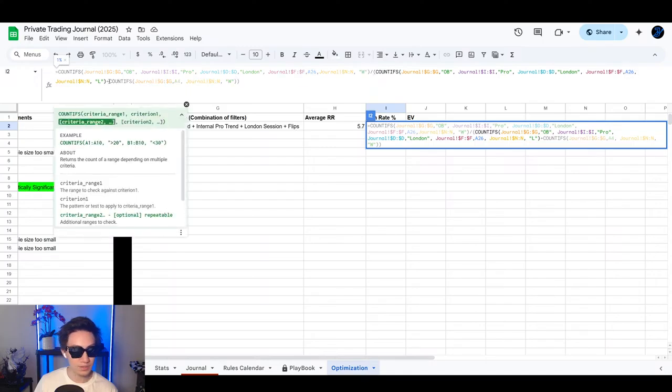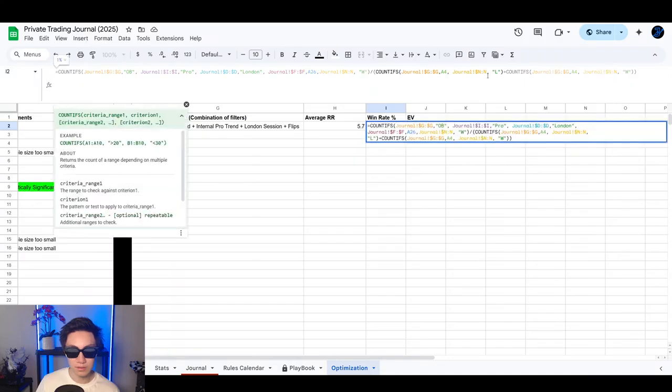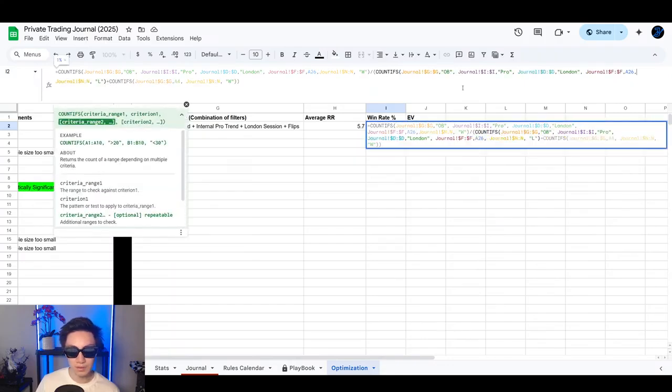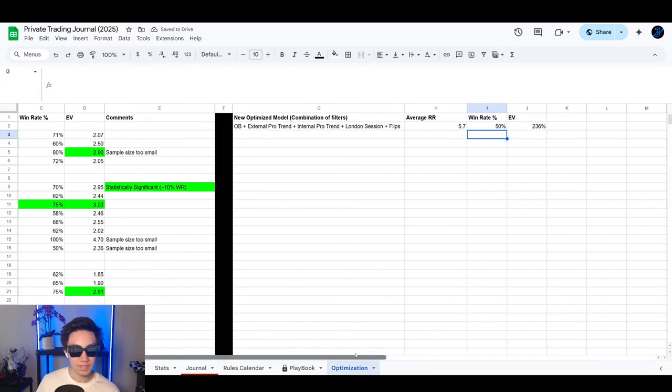That is right. It goes 826 losses, and then you have to do the same thing here. Or hold on, we have to go back here because we already included OB, which is A4. Now we have to do this here. Okay, so 50%, I believe.